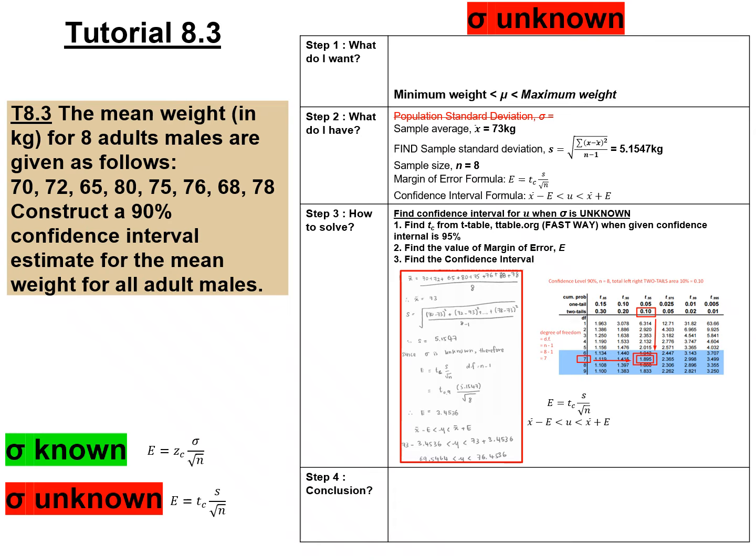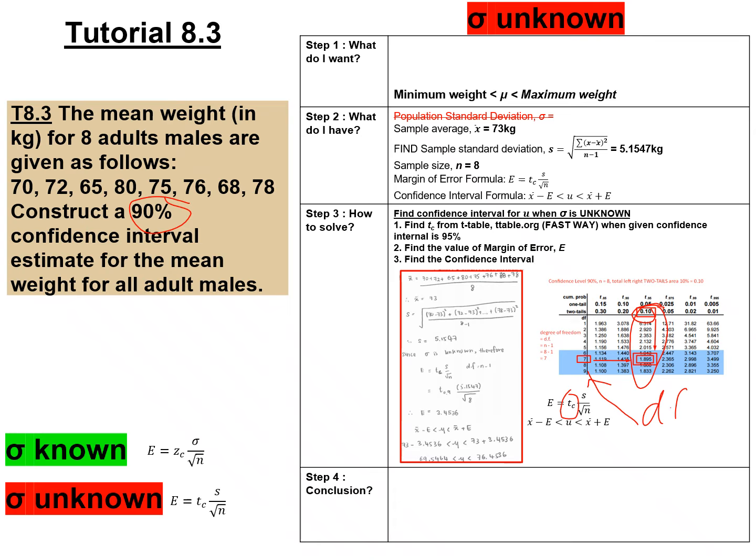The critical step is to find the value of the T critical, TC. It depends on the first one: two tails, 90%, so it is 10% or 0.1. Now we want to intersect with the degrees of freedom.